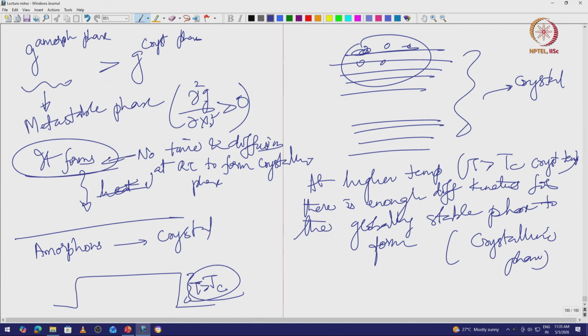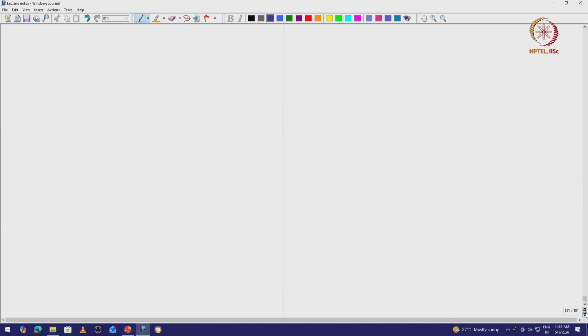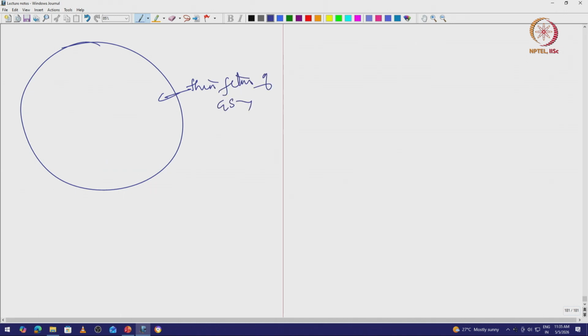Now, this is a technologically relevant material. I do not know if you guys are old enough to have used CDs and DVDs, but this is exactly the same material on CDs and DVDs. On a DVD disc there is a thin film of GST, and on this GST I am going to say this is amorphous, this is crystalline, this is amorphous, this is crystalline, crystalline, crystalline, amorphous, and so on.